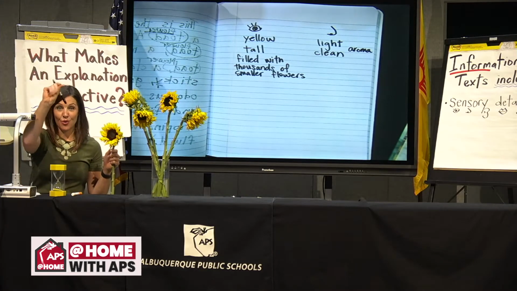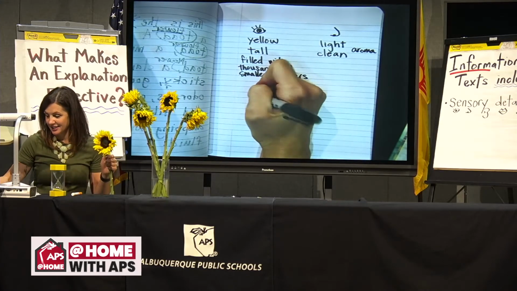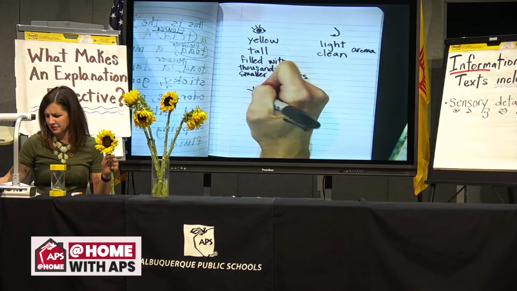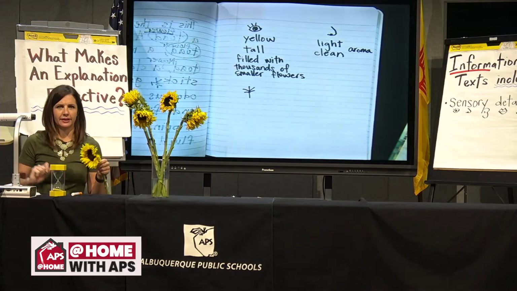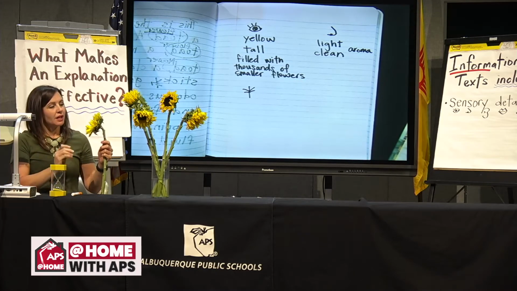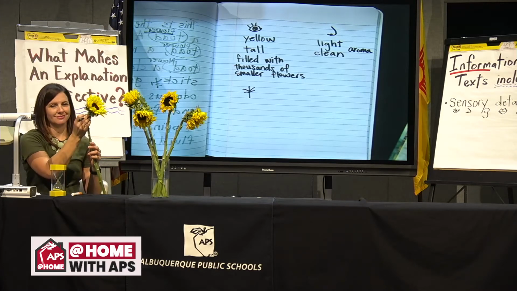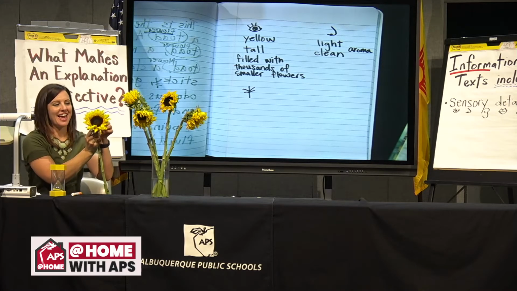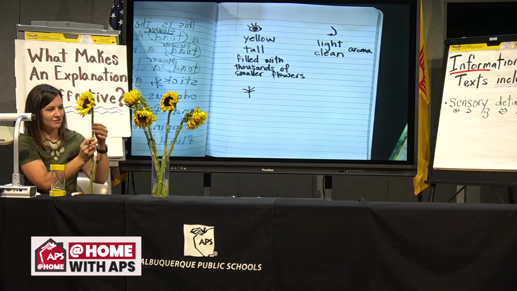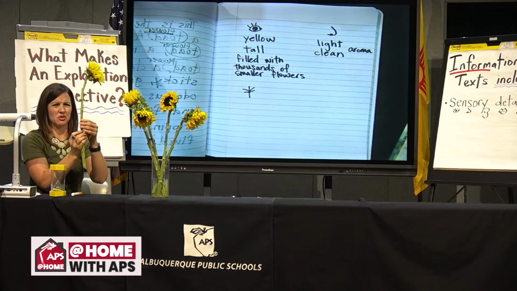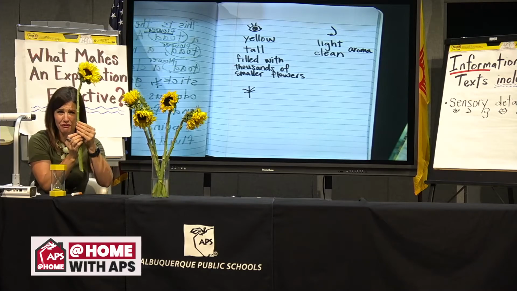Now, when we go for touch, this is a stick figure hand. Oh boy, that looks like a palm tree. The texture, these are both our words of the day. The texture of this flower, the stem is quite rough.